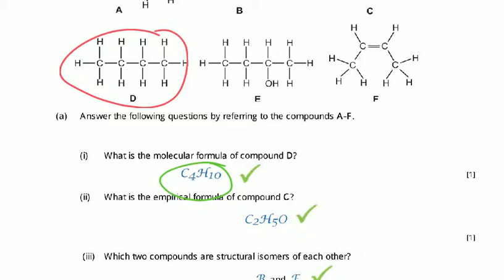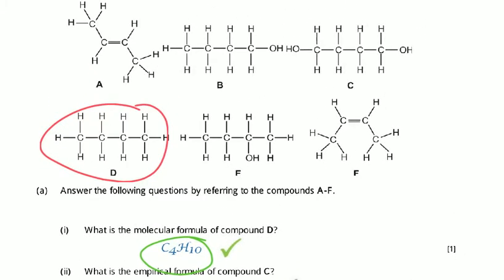The next question is asking for the empirical formula of compound C. If we just scroll to C, the very first thing I would do with this type of question is to look at the molecular formula of it first. So let's have a look at how many carbons we have. The carbons, let's start off with C, are 1, 2, 3, 4, so C4.